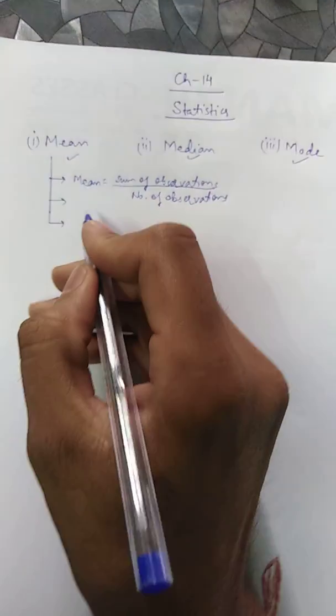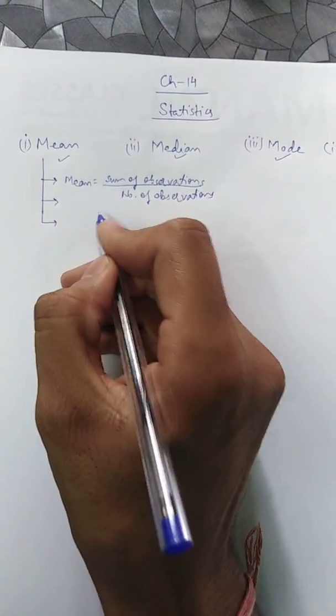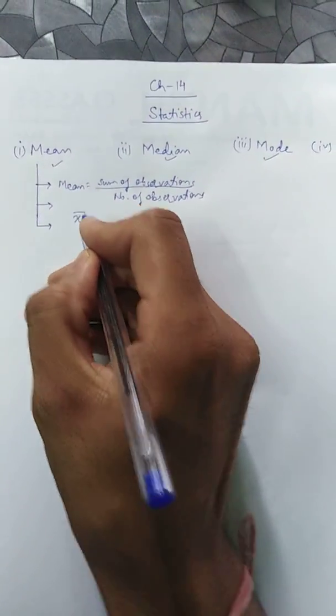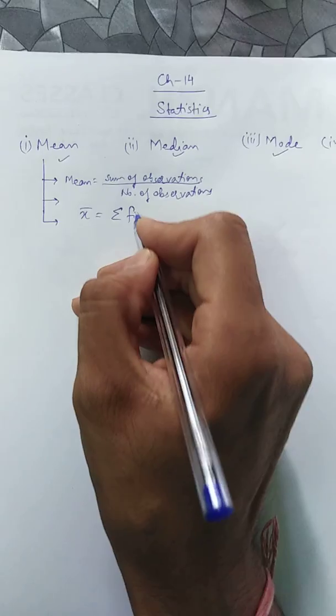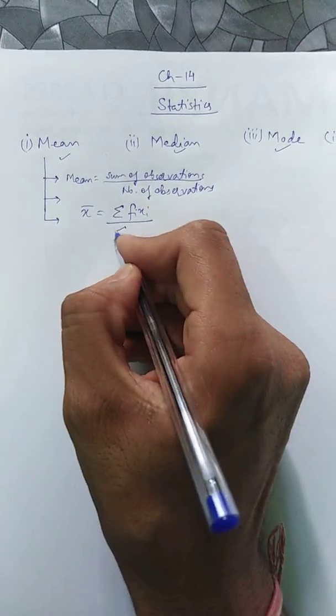But this was earlier when we started understanding mean. In class 9th also we came up with one more method of finding mean that says sigma fi xi upon sigma fi. I hope you all remember this method.